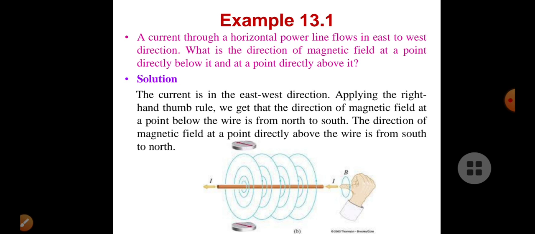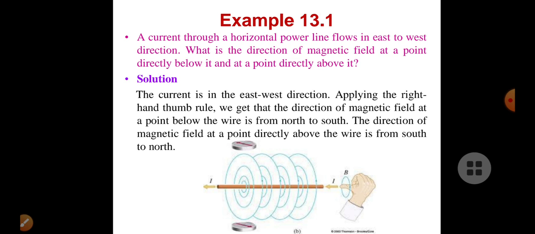Just hold any cylindrical pipe or anything present at your home in your palm, and the direction of your thumb should be from east to west, whatever direction is given in your example. Then just see the curling of your fingers in the above direction and below direction. It will be from north to south or south to north. You have to experience it yourself.